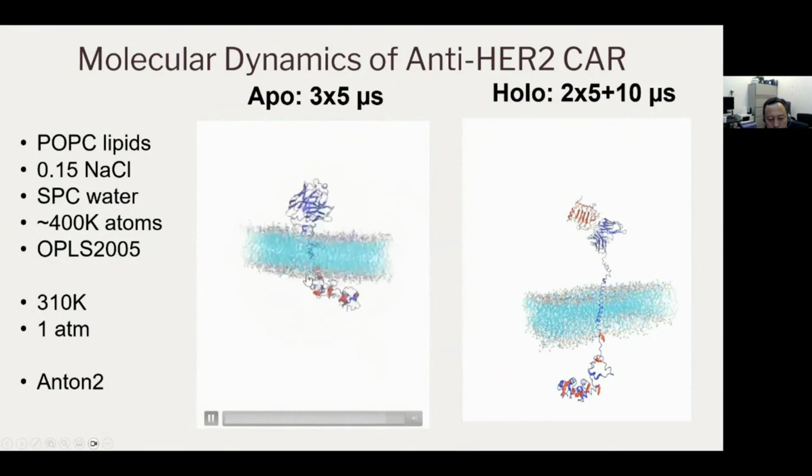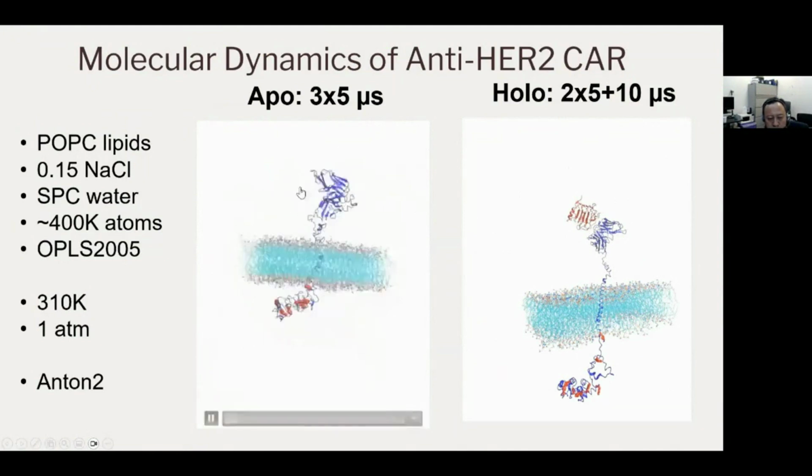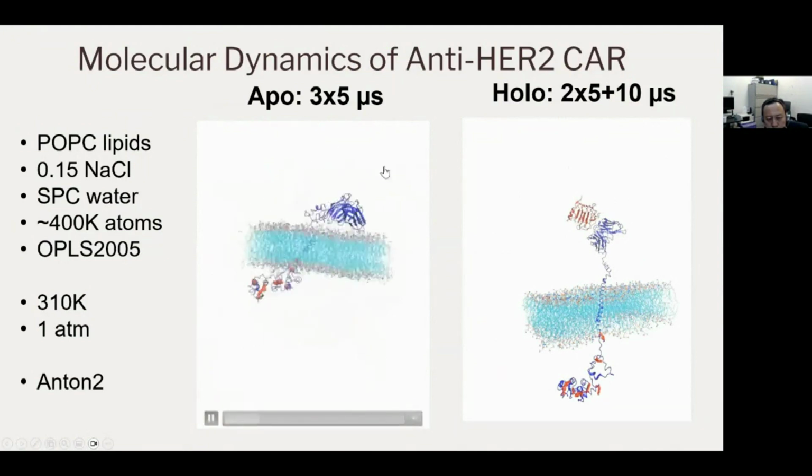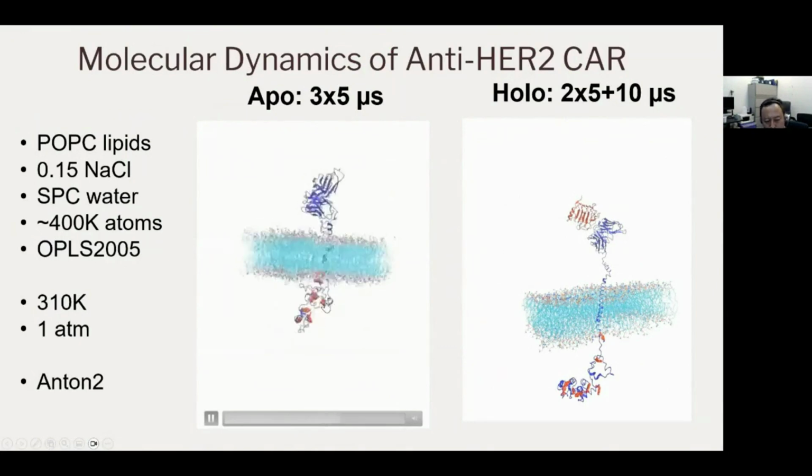This portion appears to be more fixed, but this portion is much more flexible. Let's watch again. This portion is very flexible, searching for the partner. To me, it keeps moving, searching for a partner. And this portion, the intracellular domain, is much more fixed.